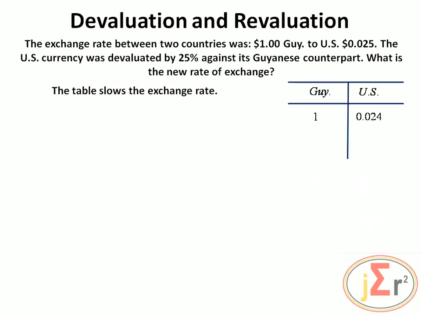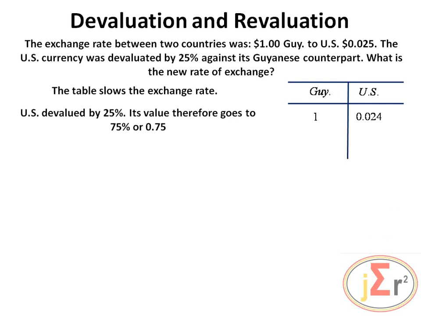That's it. And what is said? So the US is going to go down in value by 25%. Right, so it's going to devalue against the Guyanese. So what will happen? If the US devalues, it's going to take more to purchase the Guyanese.